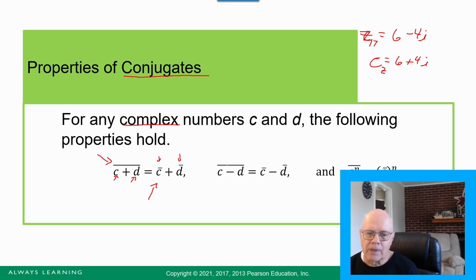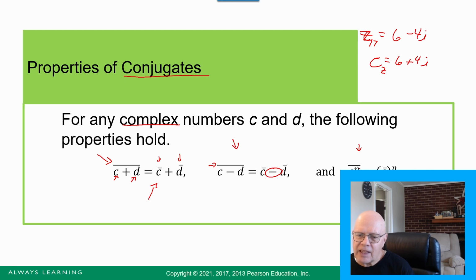Pretty nice. The second one doesn't say anything very different, really. It just means if you subtract the complex numbers and then take the conjugate, you'll get the same thing as if you take the 2 conjugates and subtract them. So that's pretty handy. Now this one is different.